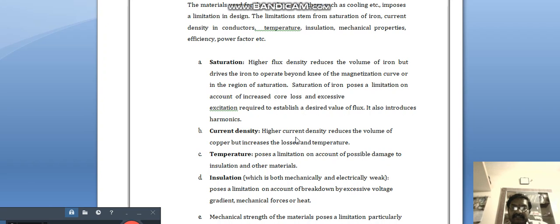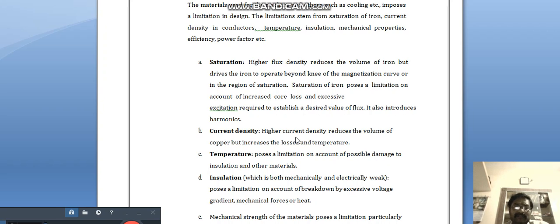Higher current density reduces the volume of copper but increases the losses and temperature, because the copper density will be very high. Because of that, heat will be generated in the circuit, but there is no way for the heat to go out. In those conditions, temperature and losses will be more.